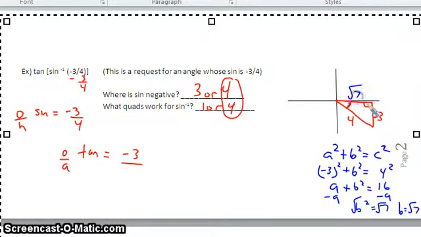And again, what's important for me to understand is when I put that on there, don't just assume it's positive. Check to make sure, according to the quadrant it's in, that distance should be positive. That should be positive because the x values are positive in the fourth quadrant. Very well could have done this problem in the third quadrant and got that to be a square root of 7, but I would have had to recognize that over here, if the triangle was over here, this would have to be negative square root of 7 there.